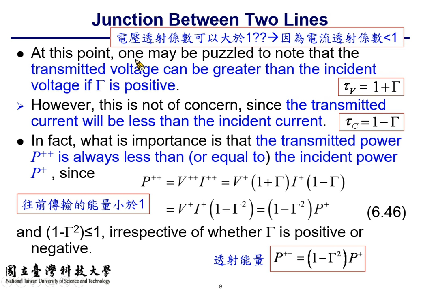Unless the impedances are matched in the connection of the two sections, some energy will be reflected back, and the transmitted power is always smaller than the incident power.